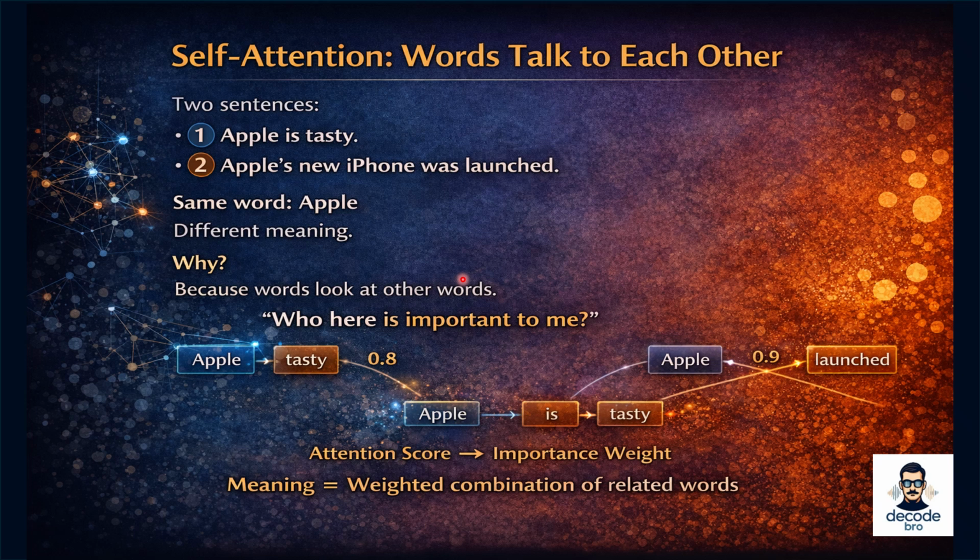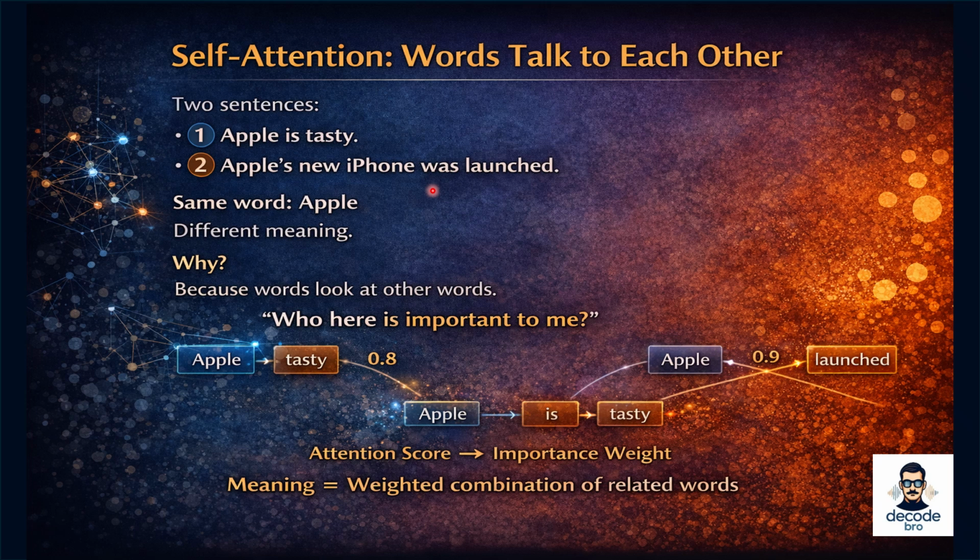Now imagine every word in that sentence sitting in a meeting room. Each word can look at every other word. When the word apple appears, it looks around and asks, who matters to me? In the first sentence, the word tasty is important to understand the context. In the second sentence, the word iPhone is important. The model calculates something called an attention score.